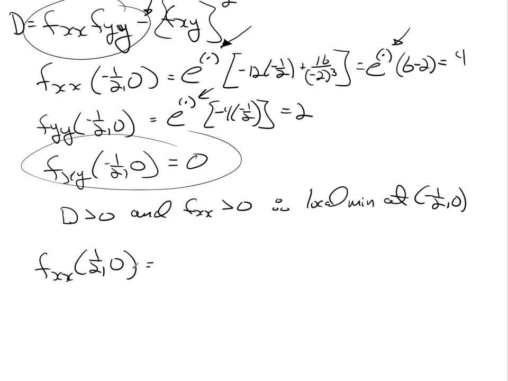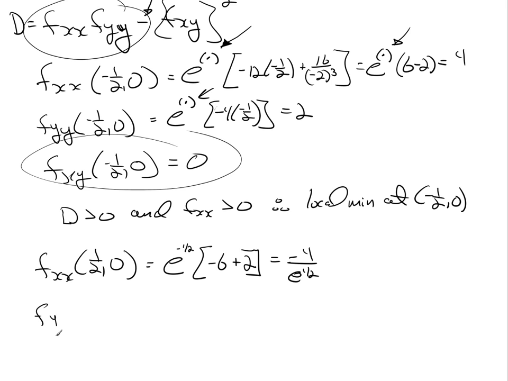And that's going to end up being, well, when I evaluate this exponential function at 1/2, 0, I'm going to end up with e to negative 1/2 times, this is going to be negative 6 plus 2, which is obviously going to be negative 4 over e to the 1/2.